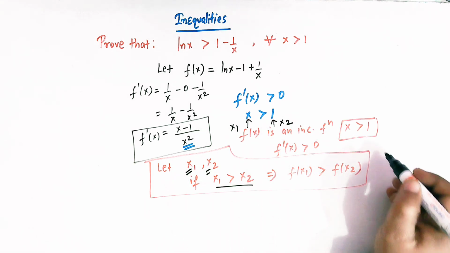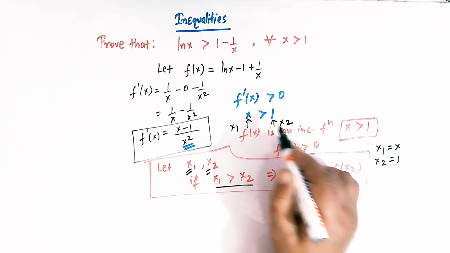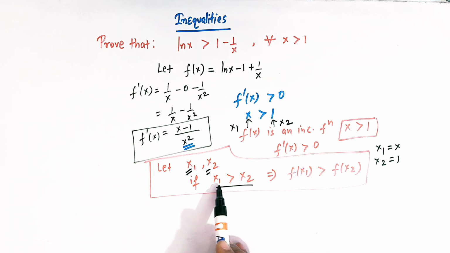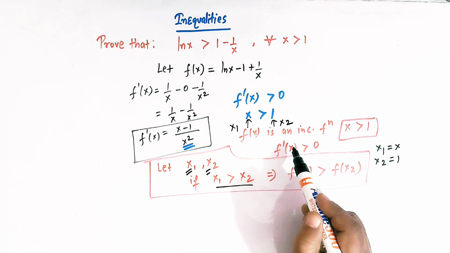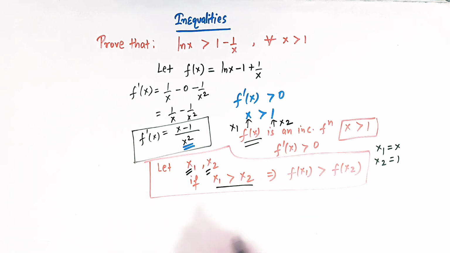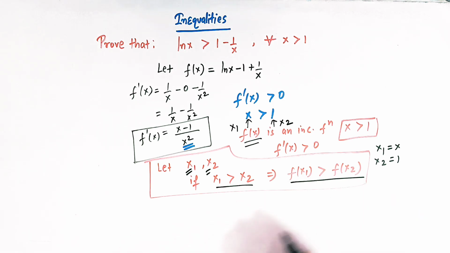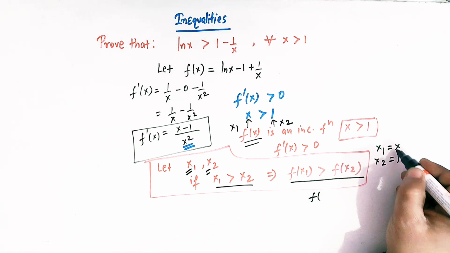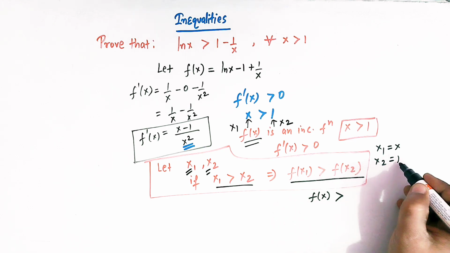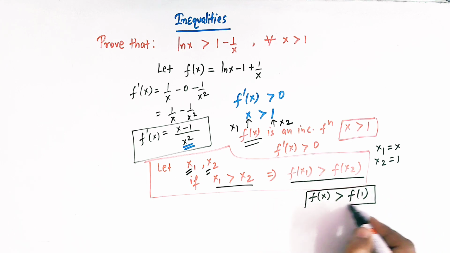Since we have already shown that f of x is an increasing function, f of x1 should be greater than f of x2. x1 is x and x2 is 1, so we have f of x greater than f of 1.